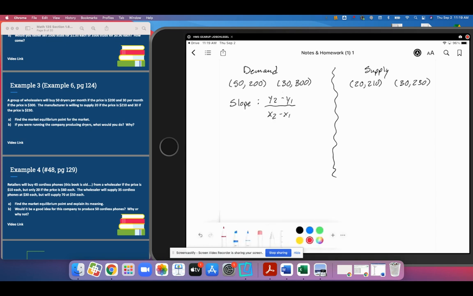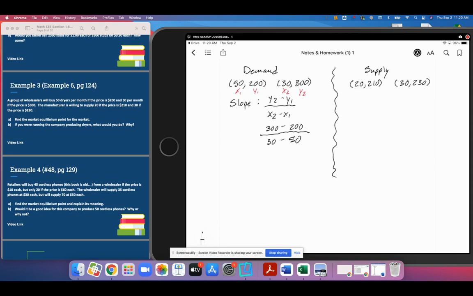Go ahead and label our points: x1, y1, x2, y2. And as always, I will draw my bar with my minus signs on there first. So y2 minus y1 is 300 minus 200. x2 minus x1 is 30 minus 50.